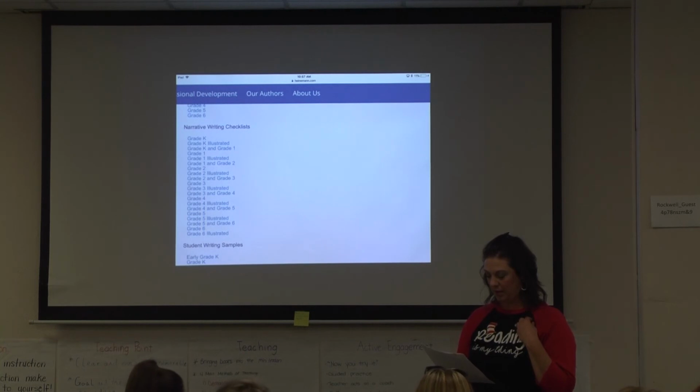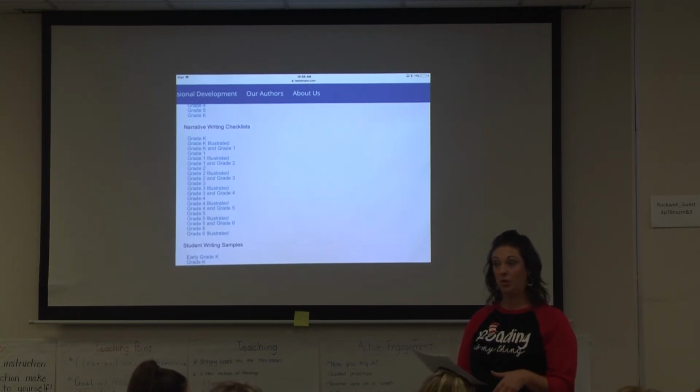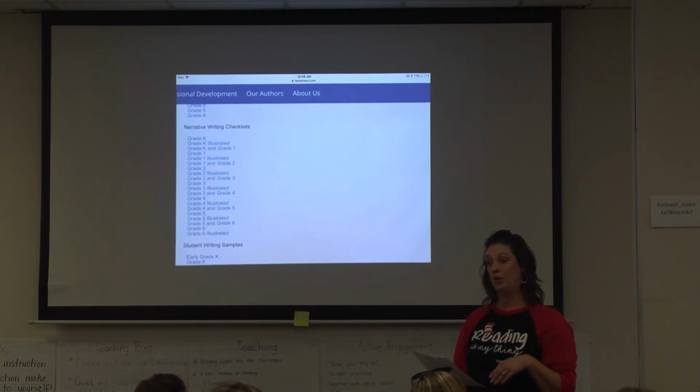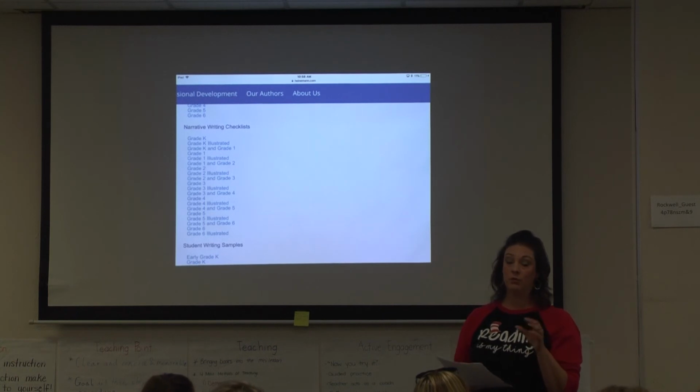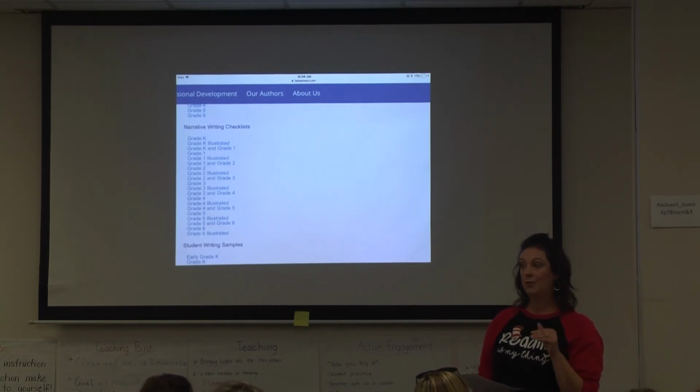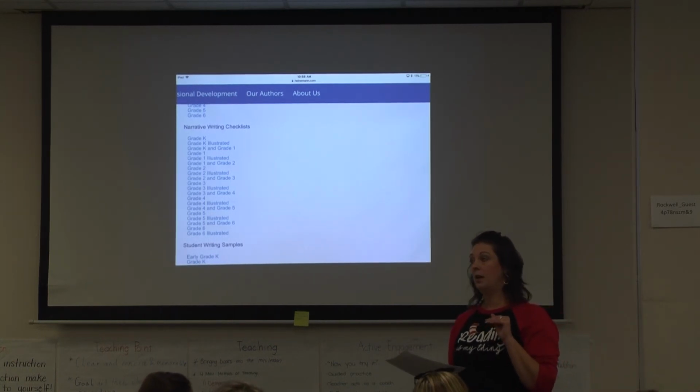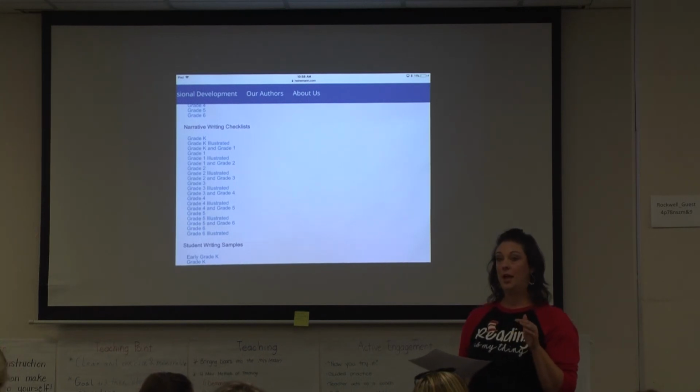Okay, so the nice thing about the checklist is it interprets those Common Core standards that we talked about earlier, but in a kid-friendly way. How many of you have ever read a Common Core standard and shook your head and thought, what the heck does that mean?